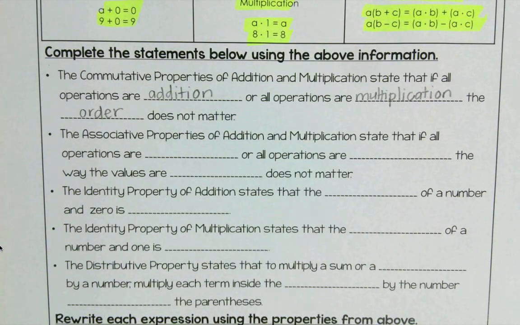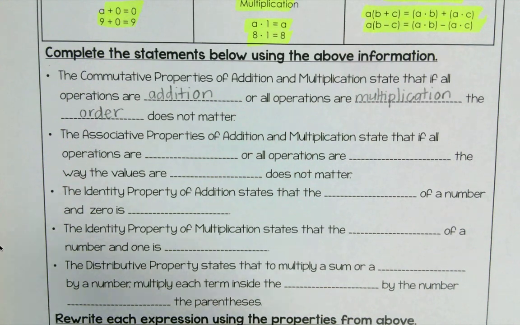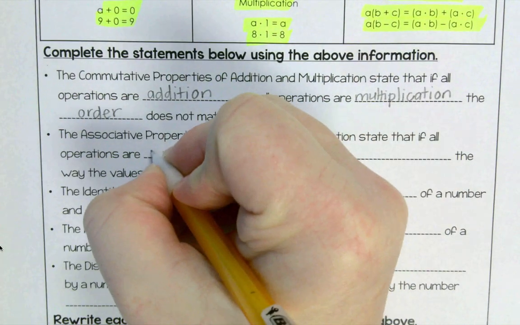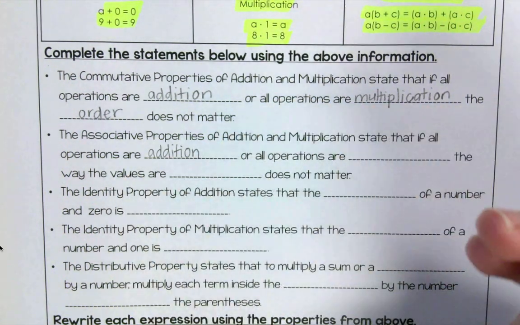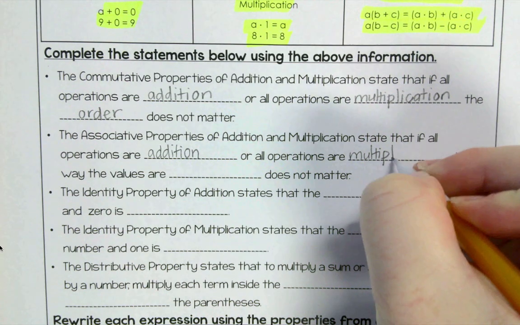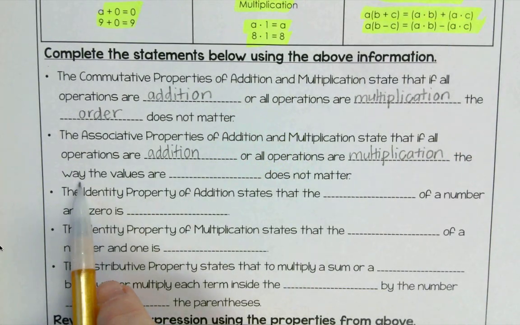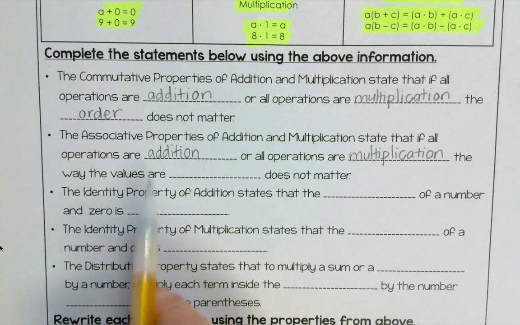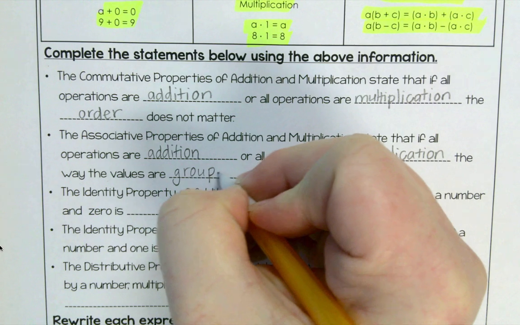The associative properties of addition and multiplication state that if all operations are addition, again, or all operations are multiplication, the way the values are grouped does not matter.